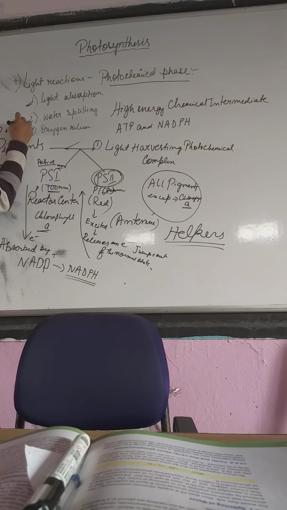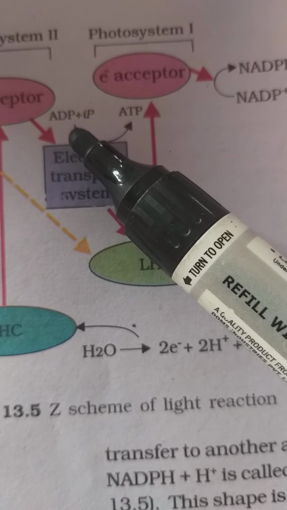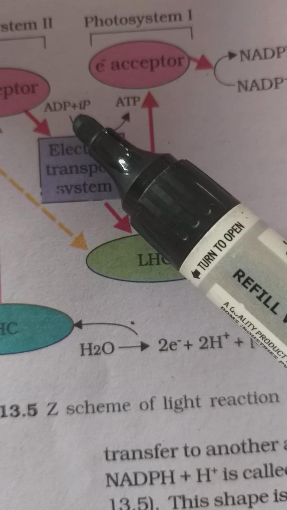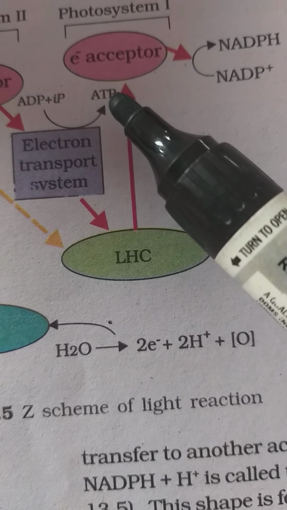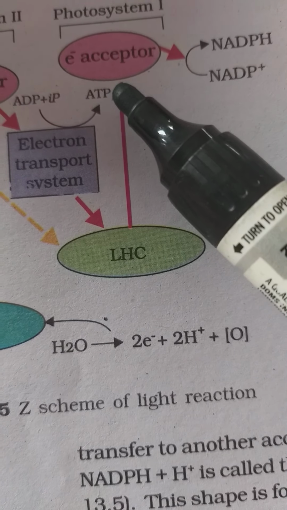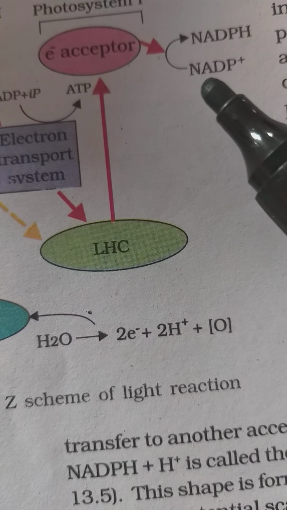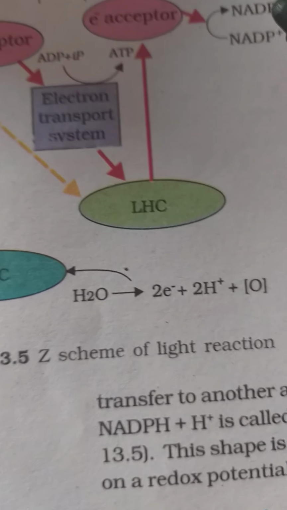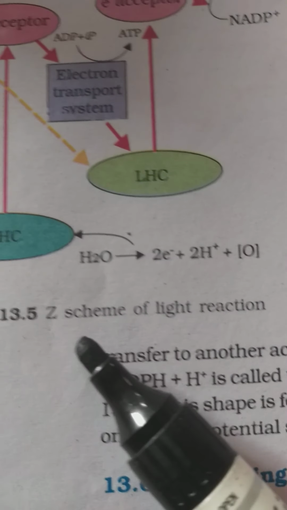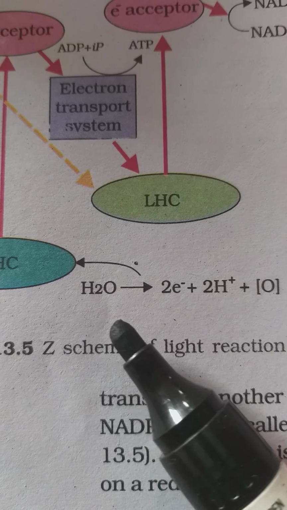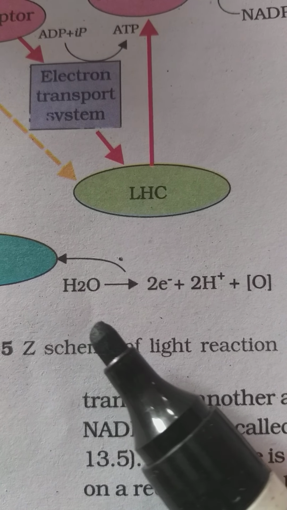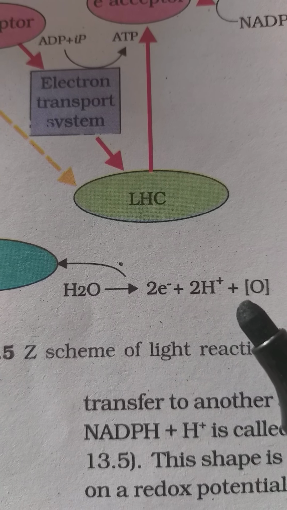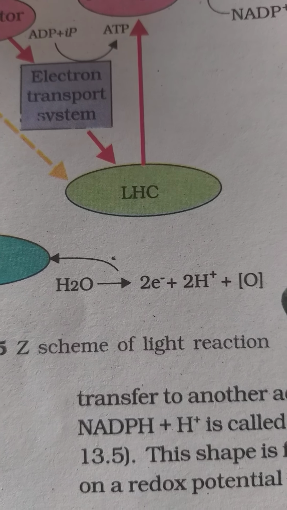In the first case, ADP gets energized and is produced as ATP, and in the second case, NADPH. It was first NADP positive, now it gets H here. From where does this H come? When the photon is absorbed, H2O is split into electrons, hydrogen and nascent oxygen.